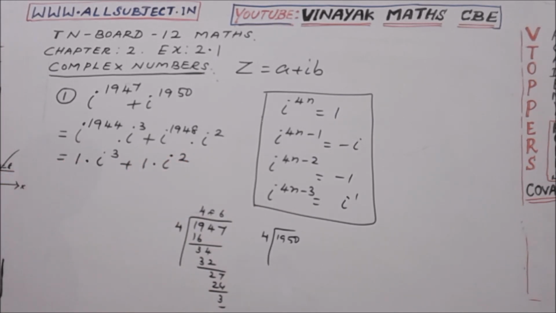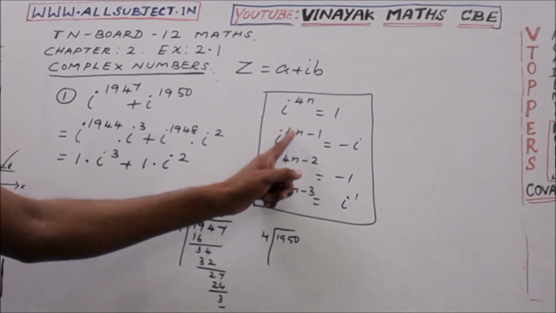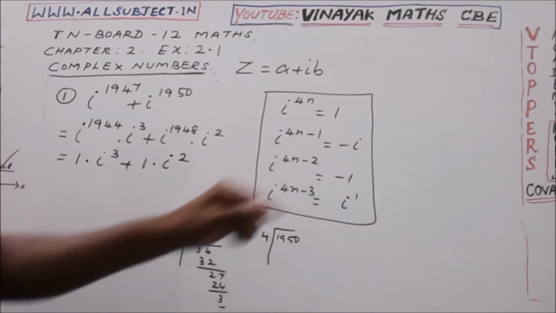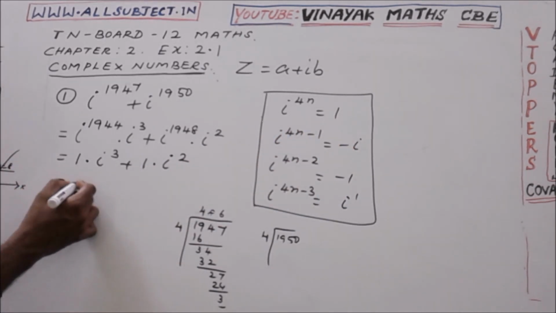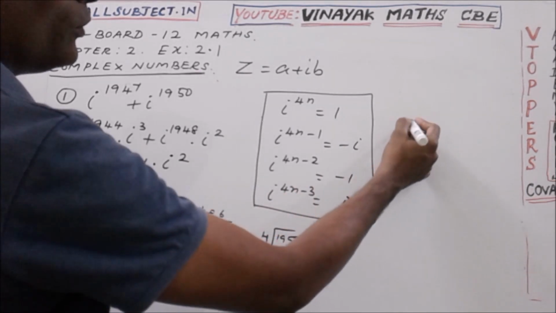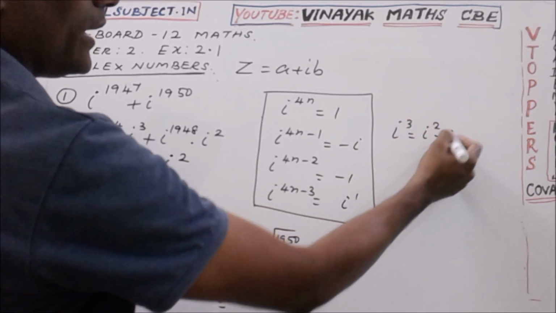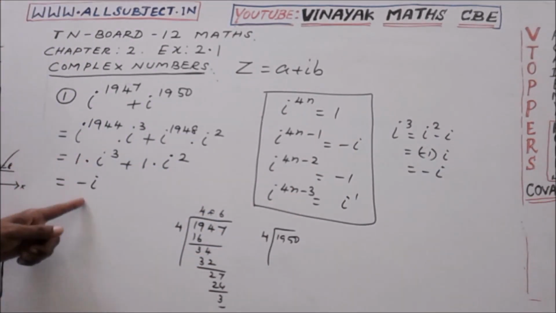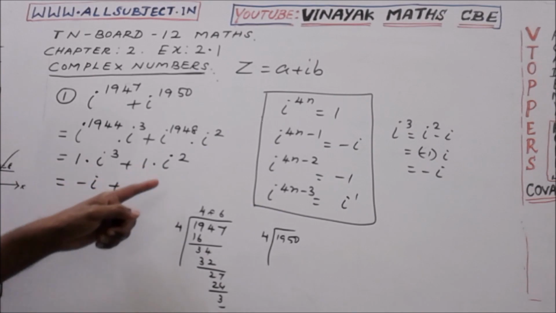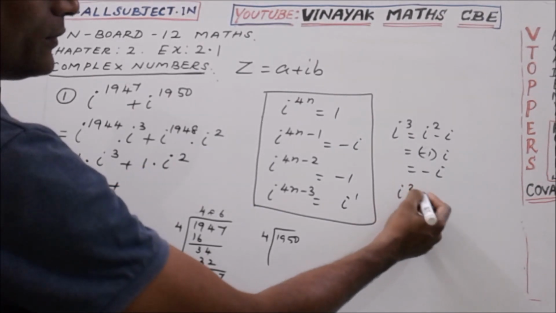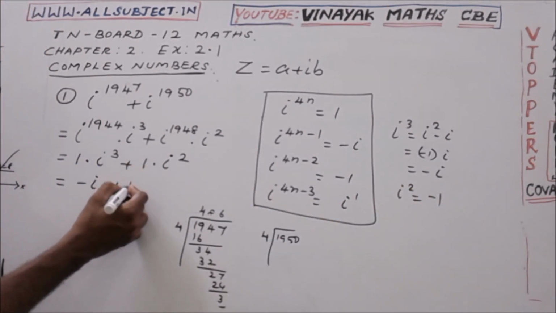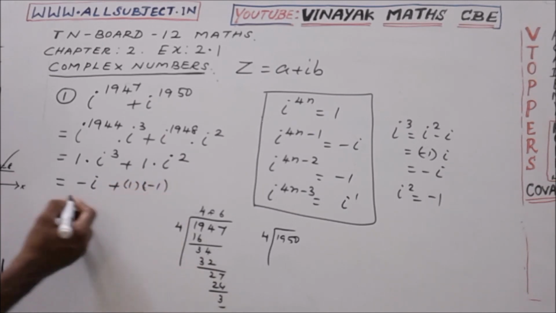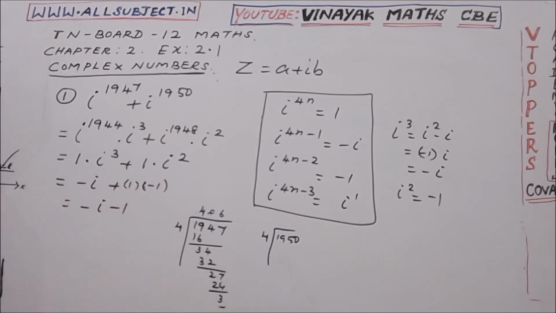The value of i cube is minus i, because i cube is i square into i, that is minus 1 into i, equal to minus i. And i square is minus 1, so 1 into minus 1 is minus 1. So minus i minus 1 is the answer for i power 1947 plus i power 1950.